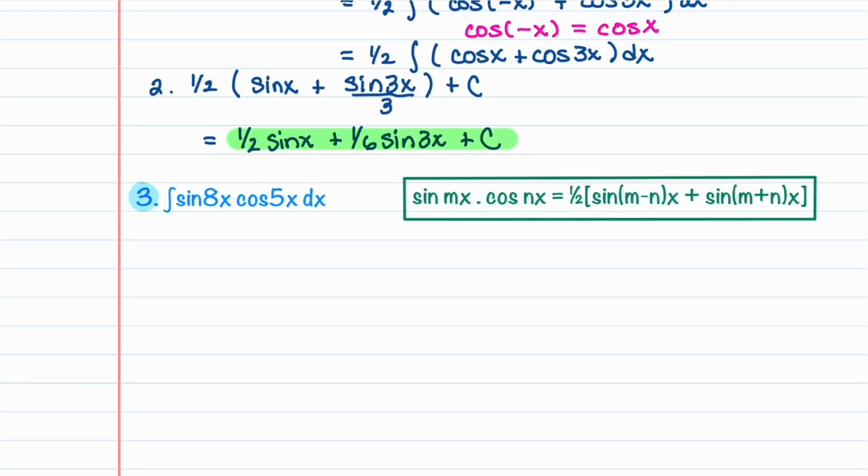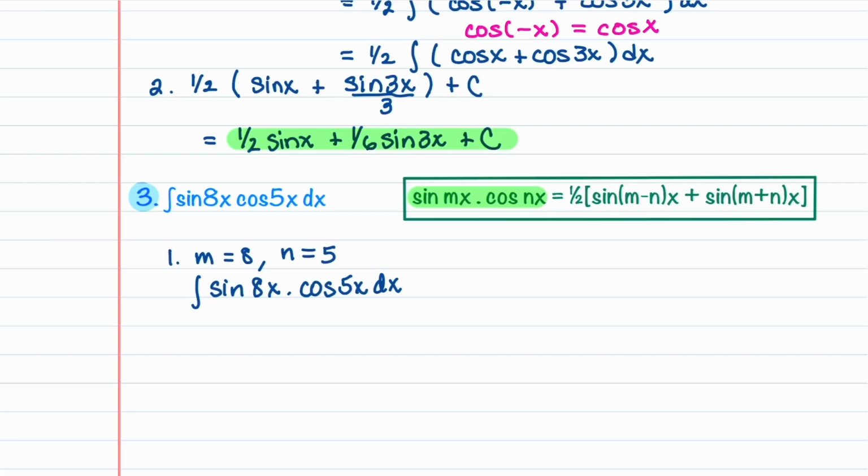Let's now look at our third example. We are going to integrate sine 8x times cosine 5x. To do this, we are going to need to use this product to sum identity. M is equal to 8 and n is equal to 5. Let's go ahead and apply that. This gives us sine 8x times cosine 5x dx.